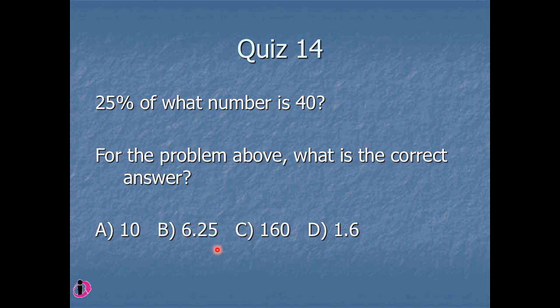P over R, right? So 40 over 0.25, which makes it 160, right? So the right answer is C. I'm sorry, oh yeah, the right answer is C. Yes, 160, right? Any questions?